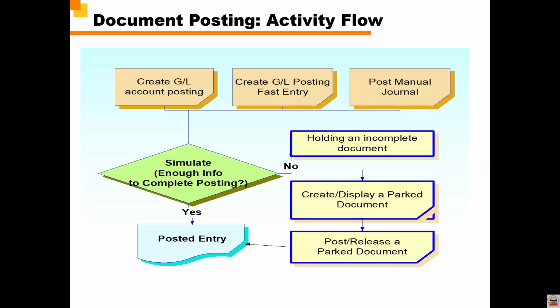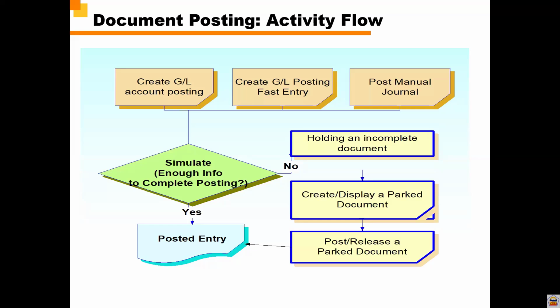First of all, the posted document is going to update your GL account balance. It will give you a permanent document number, and this permanent document number will not be changed. Once any document is posted, it is final.